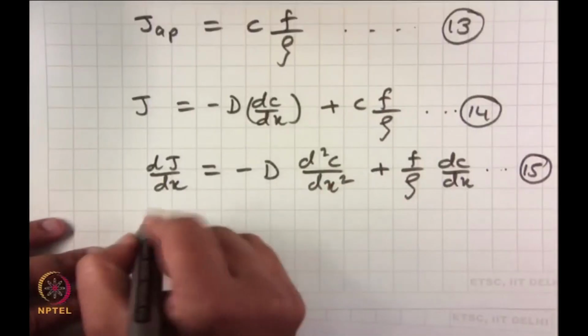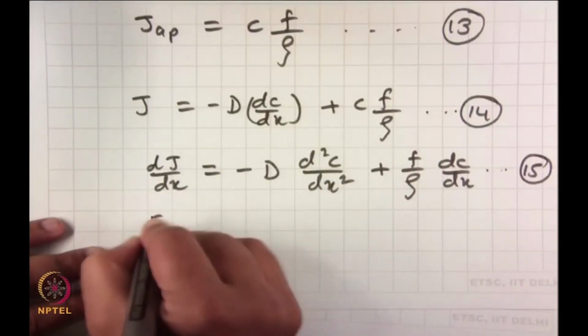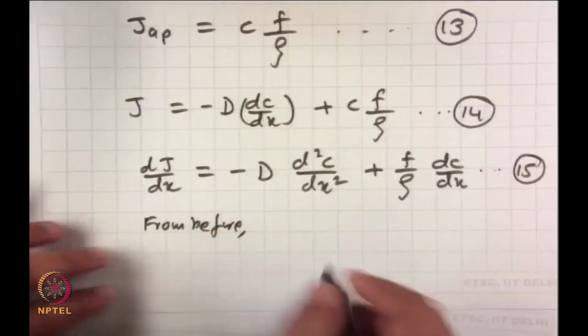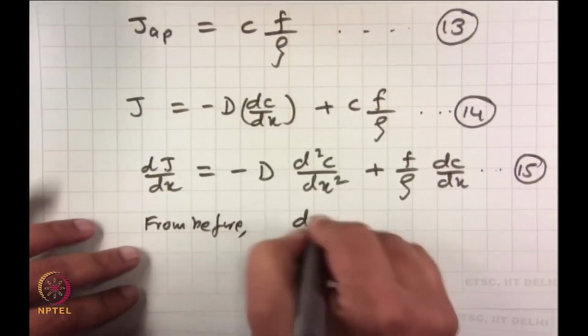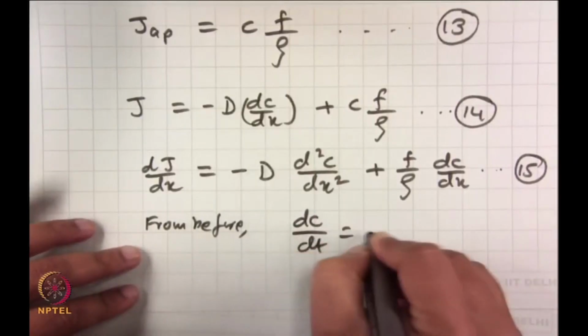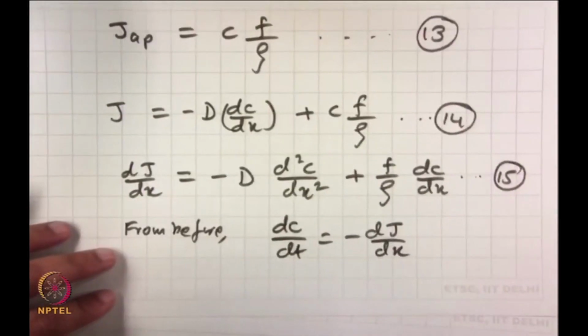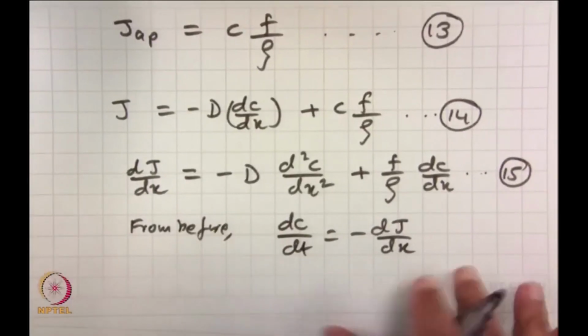Now, we know from before that dc/dt is equal to minus dJ/dx. We have done this in the previous class.